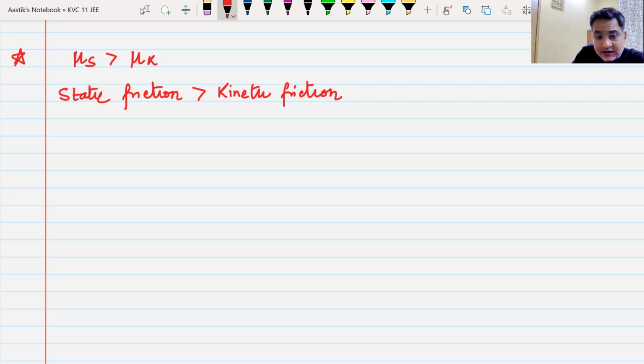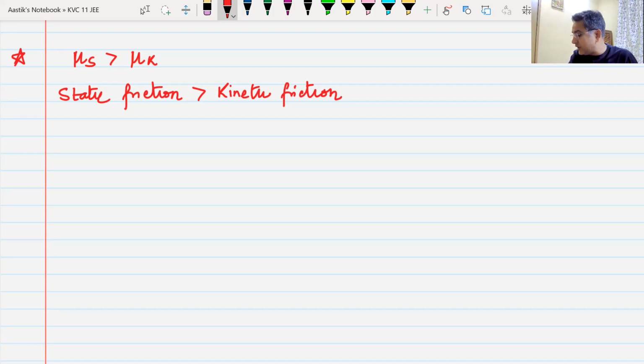We can also draw a graph. We had seen the case of static friction changing its value from 0 to maximum. So if we have a body on ground and we draw a graph between the frictional force and the applied force, the graph of frictional force versus applied force looks like this.